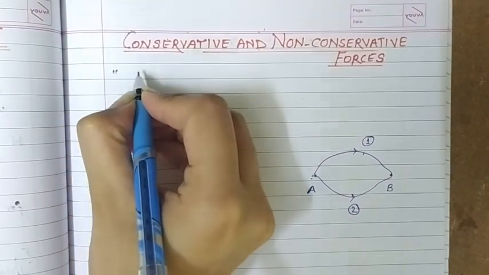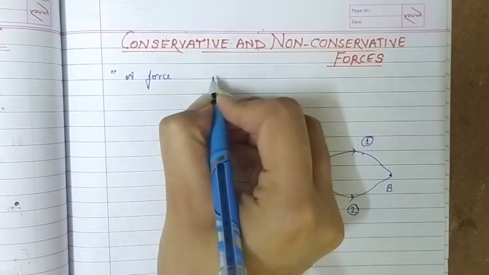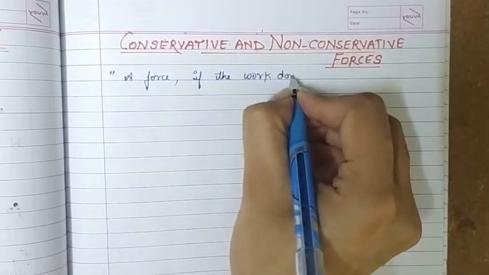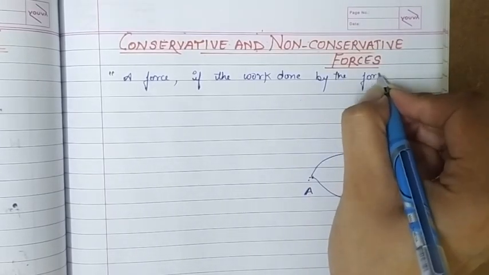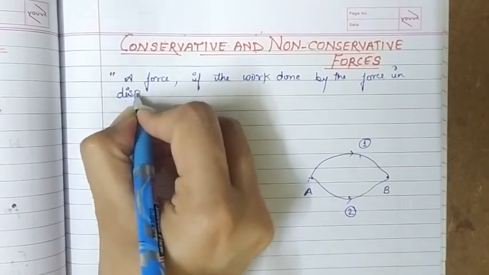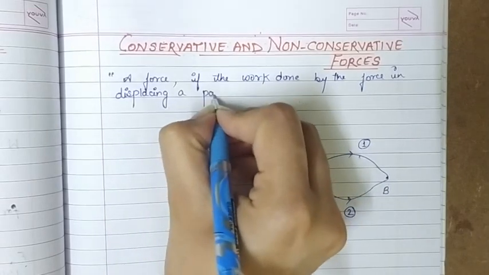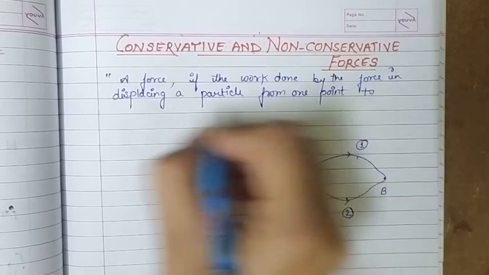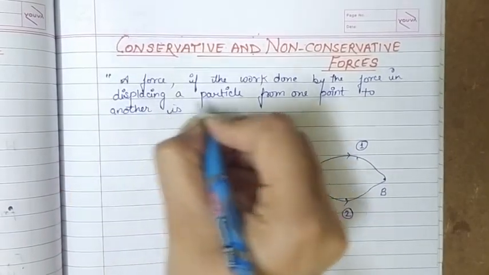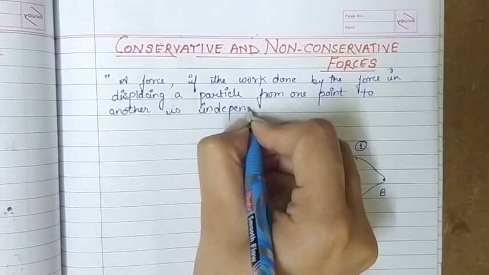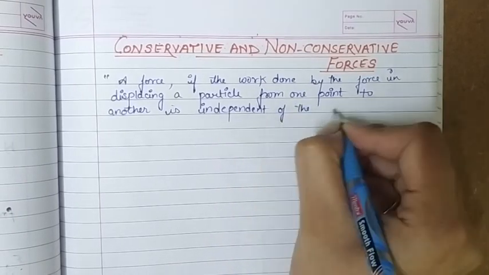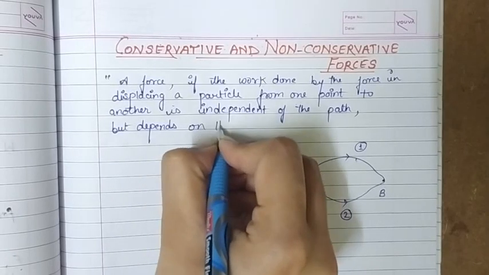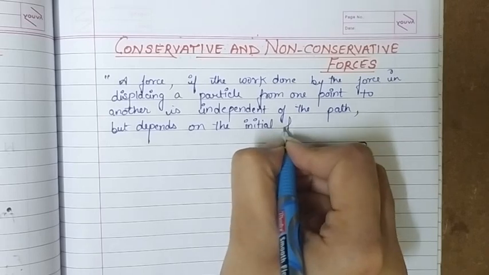So we can define conservative force as a force if the work done by the force in displacing a particle from one point to another is independent of the path that we have taken, but depends on the initial and final position.